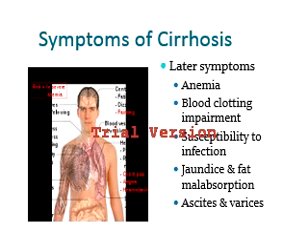Blood clotting impairments, increased susceptibility to infection, jaundice. Jaundice is a yellowing of the eyes and or skin. Fat malabsorption, and this may manifest itself as fatty stool or fat droplets when a person goes to the bathroom. And also ascites and varices, which we'll talk about.